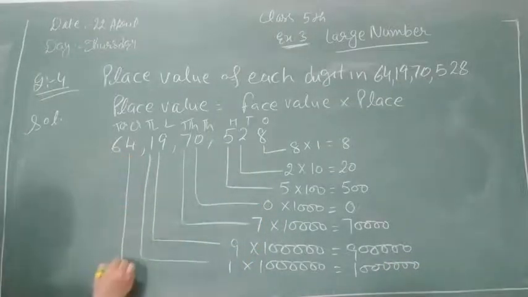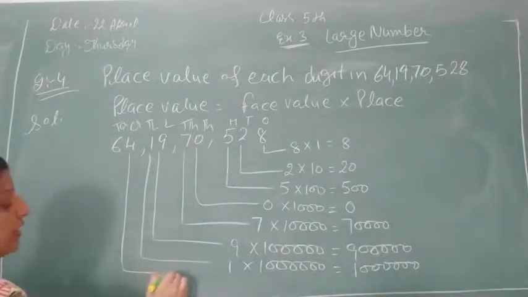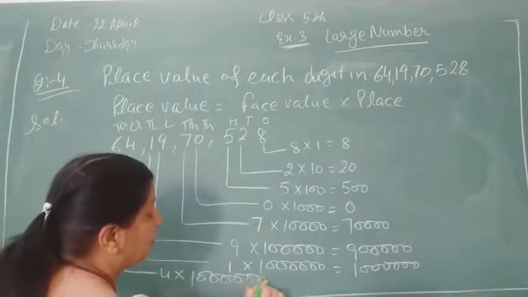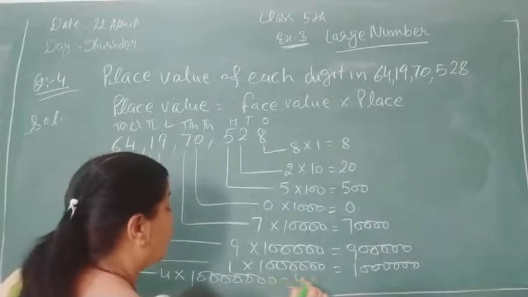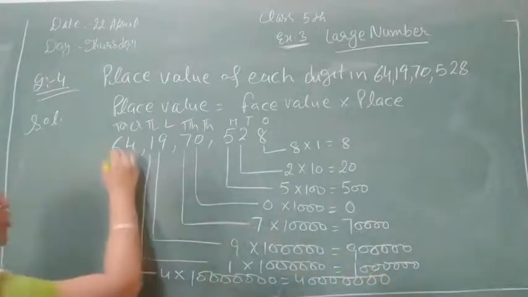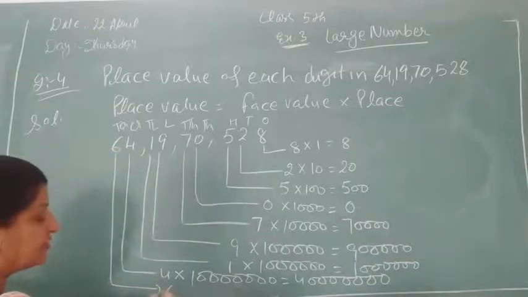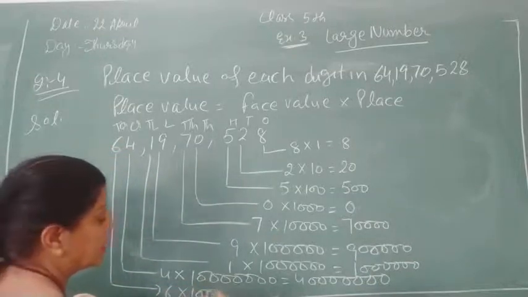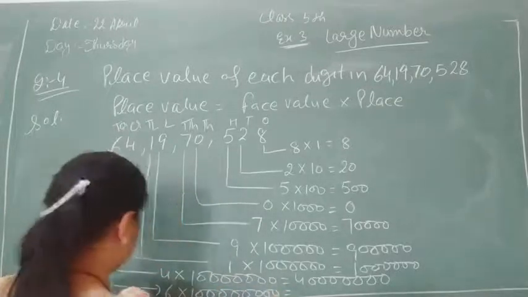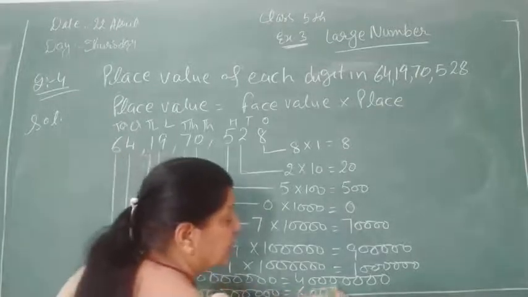Now our next number is 4 at the place of crore, so its place value becomes 4 crore. Now the last number is 6 at the place of 10 crore, so it becomes 60 crore.